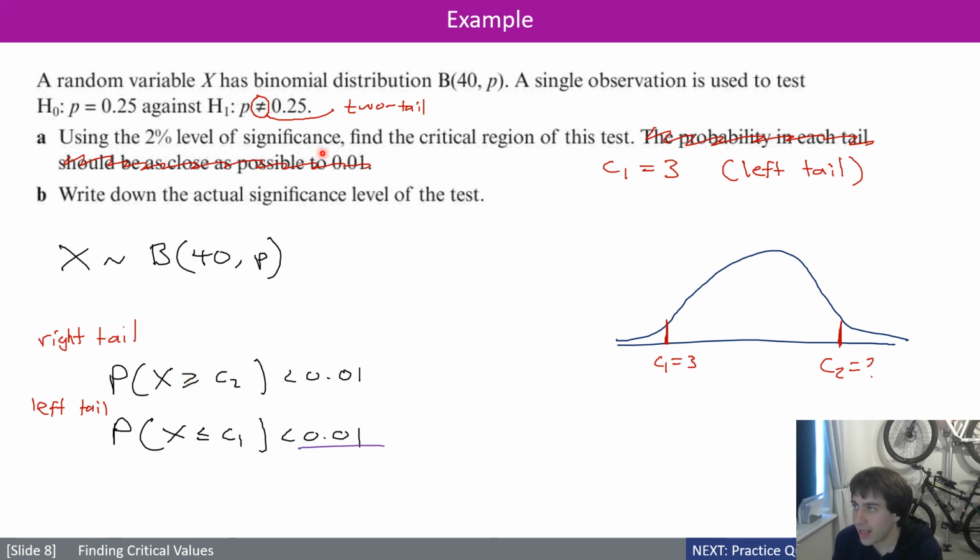If I did something 40 times, and the probability of each trial being successful is 0.25, how many successes are you going to expect out of 40? If I do something 40 times and each time it has a quarter chance of happening, I would say about 10, 40 times a quarter. So 10 is probably the most likely outcome.